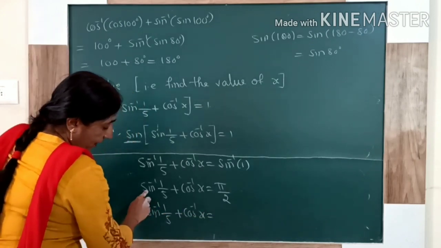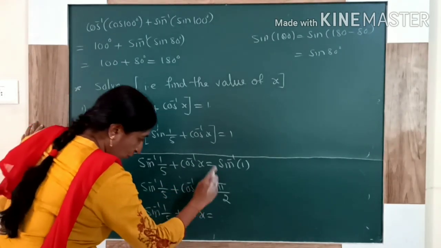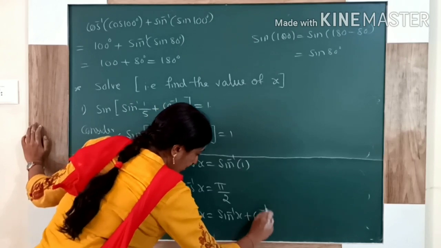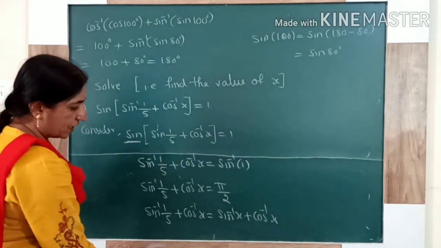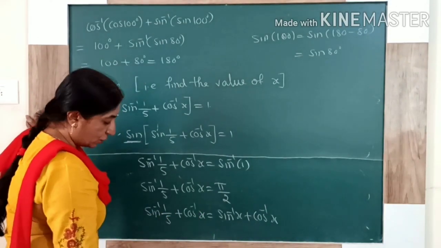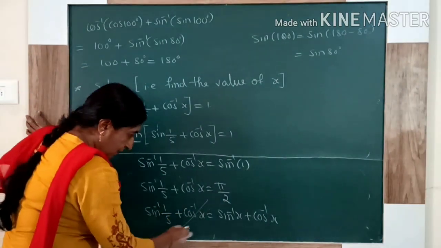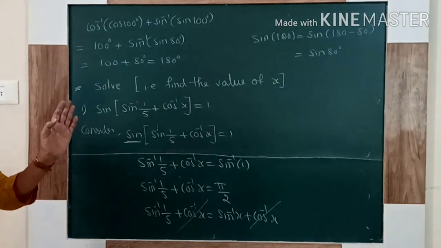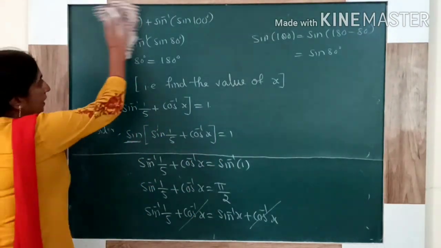Now that pi by 2 I am writing as sin inverse x plus cos inverse x. We are not writing anything new; this is one of the formulas we derived in inverse trigonometric functions. Here cos inverse x on both sides gets cancelled.